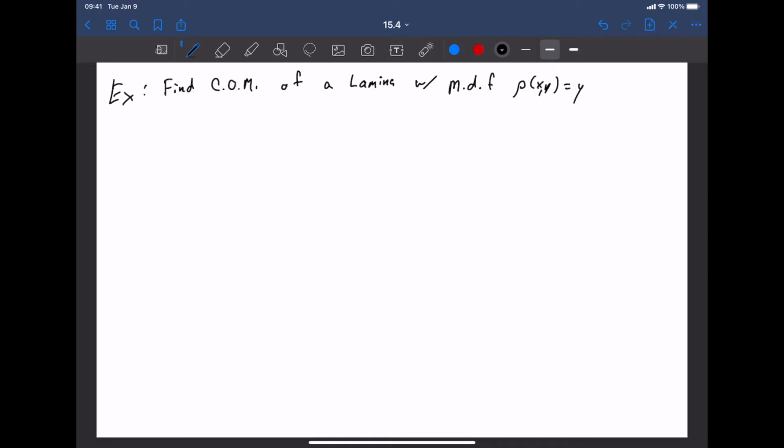So if I have coordinates 5, 3, the mass of that point is just going to be 3 kilograms per square meter. And a point of 3, 7 is going to have a mass density of 7 kilograms per meter squared.